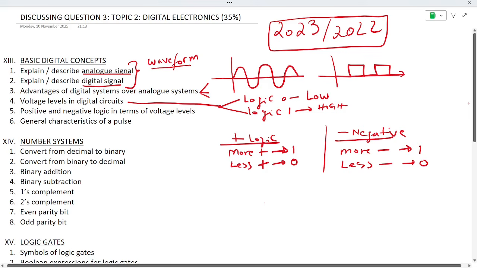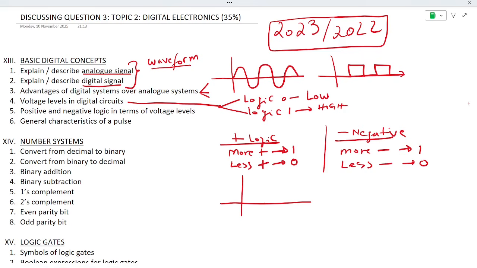With a waveform, let's say something that looks like this. Let me draw a signal that looks like this. This is in a positive logic: this level would represent a 0, and this level will represent a 1.